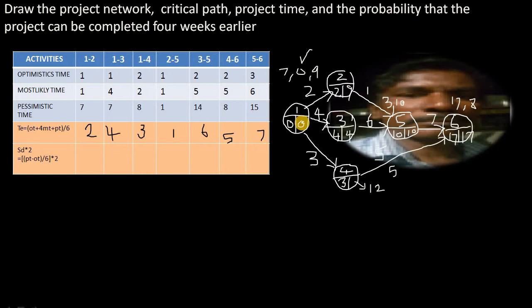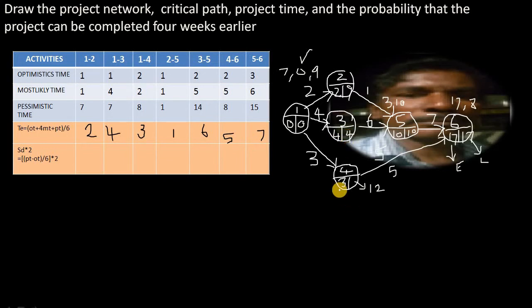Right, this is the way we can calculate the earliest time and latest time for each and every activity. Here the earliest time is 0, latest time is 0. Here the latest time is 9 weeks, the earliest time is 2 weeks. Here the earliest time is 4 weeks, latest time is 4 weeks.